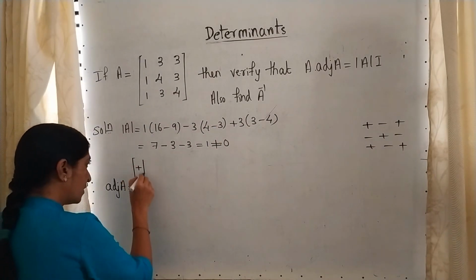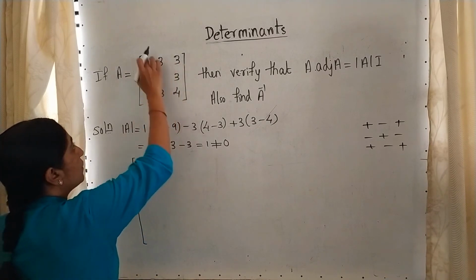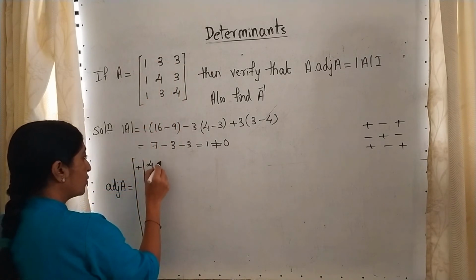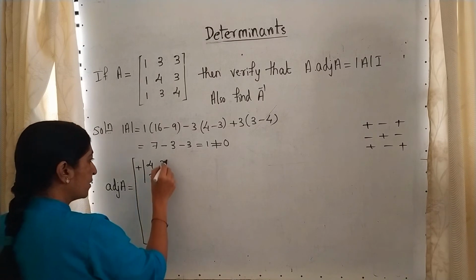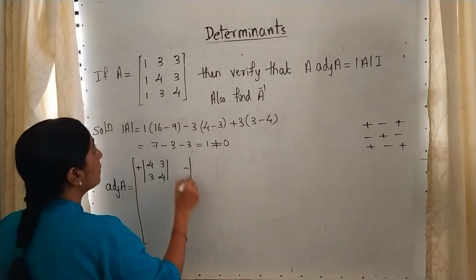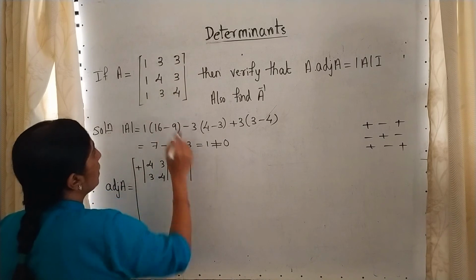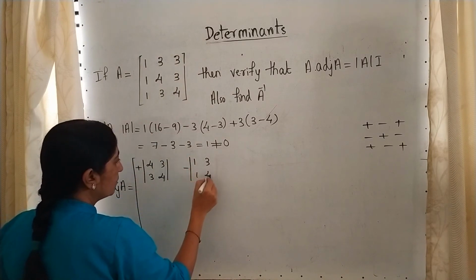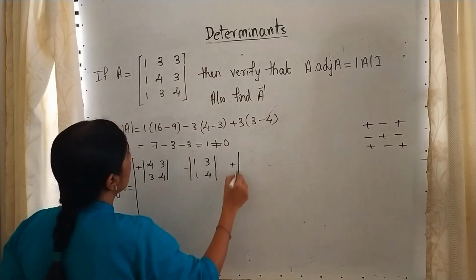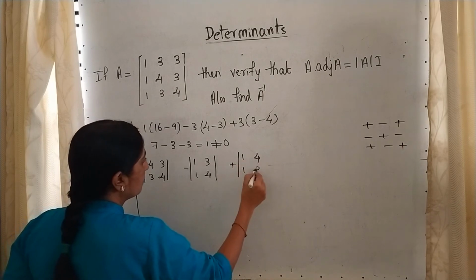Here I am writing plus. For this element means leave first row and first column. Already the students are familiar how to write. Then leave some place, middle minus. It lies in first row, second column. Then next.